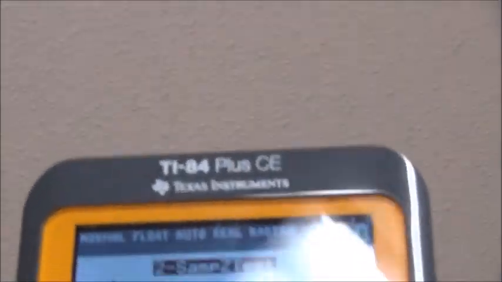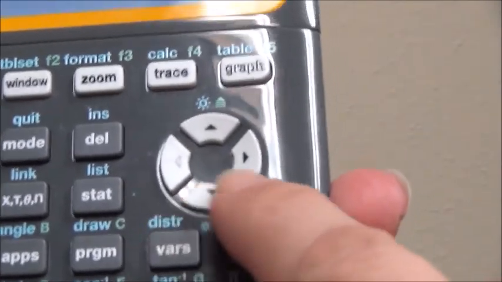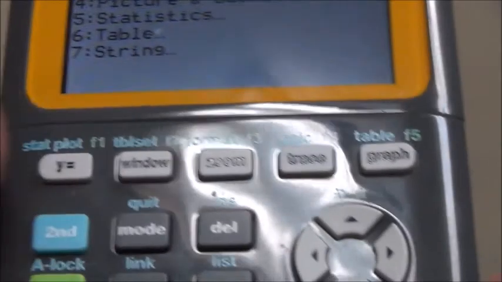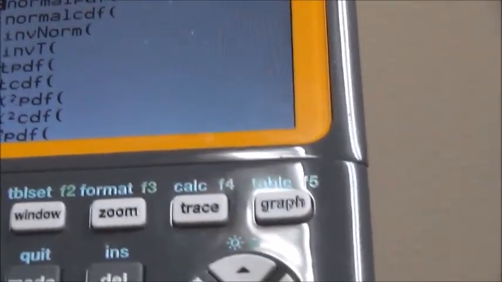For the critical value, you can use the calculator and do the inverse norm of 0.90. I'm going to go ahead and do my calculator here. So if I do the vars key, if you remember, I have to do second function vars key, and inverse norm, which is number 3.